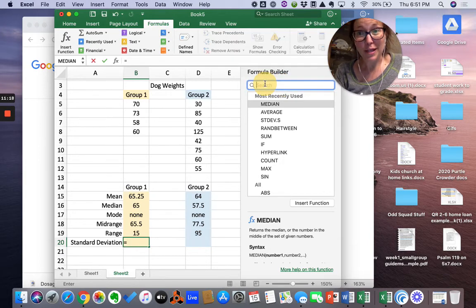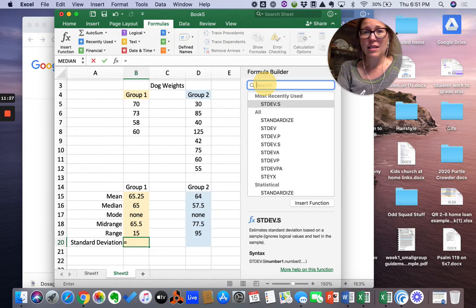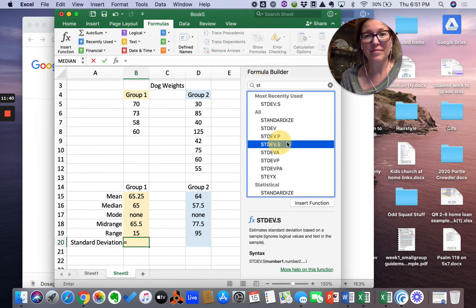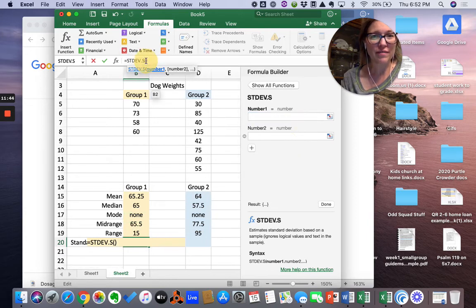If I wasn't sure what it was called, and I started typing too fast, I might miss it. So you might possibly want to write this down. Or you can Google it. I'm doing the standard deviation with a range of my data points.